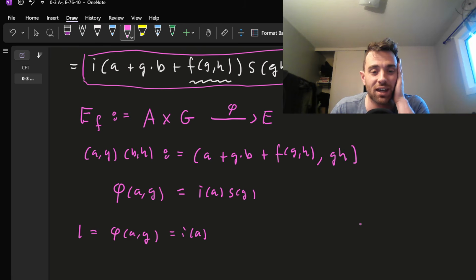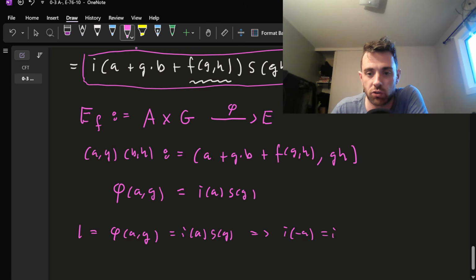This is i(a) s(g), which is the identity. And so this implies that i of a inverse is equal to s of g, right?